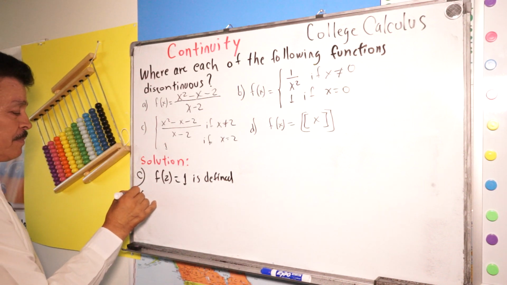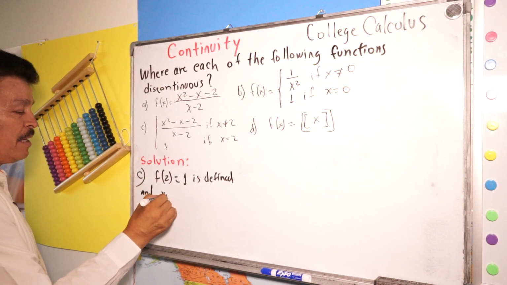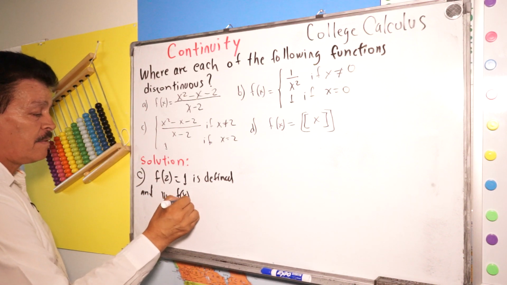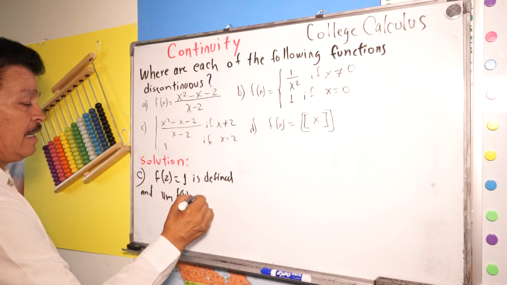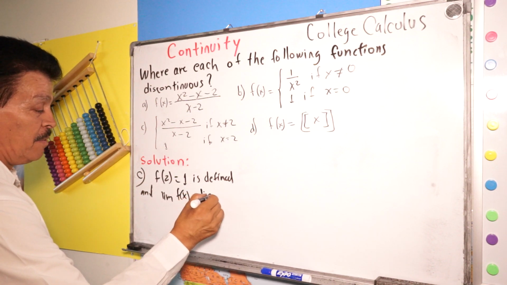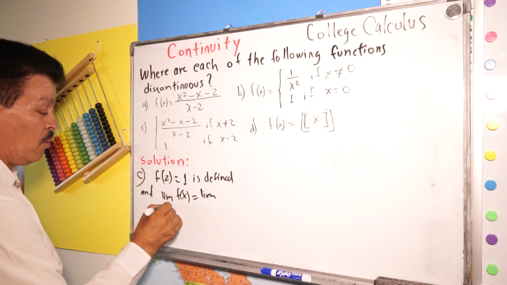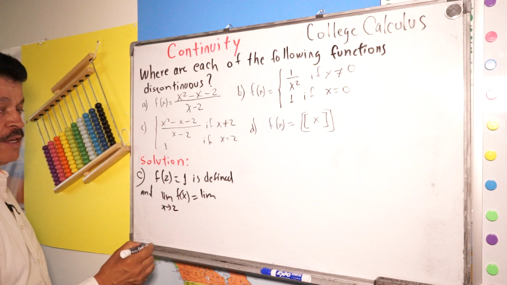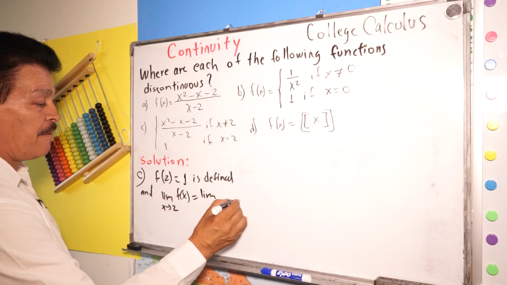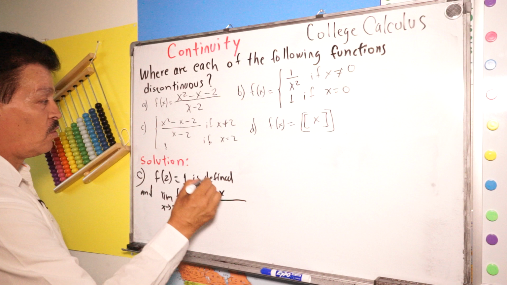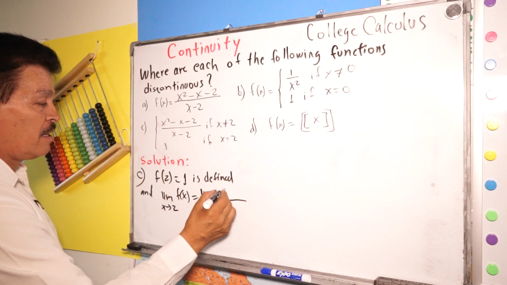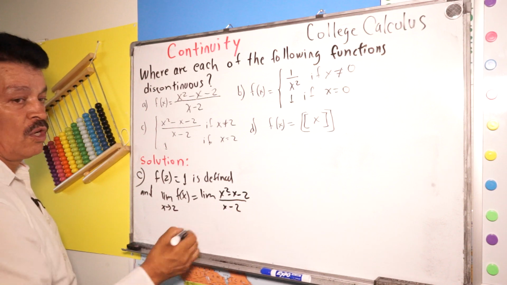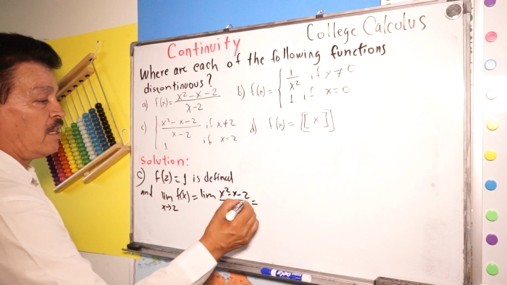And the limit of f of x, when x approaches 2, of x to the second power minus x minus 2 divided by x minus 2.